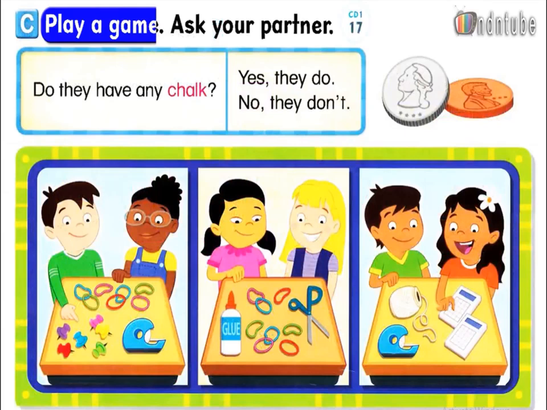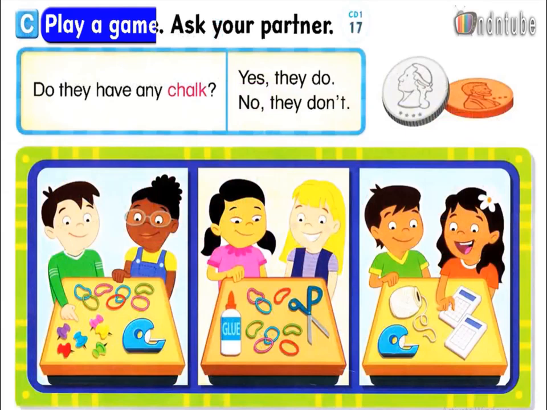C. Play a game. Ask your partner. Do they have any chalk? Yes, they do. No, they don't. So the same with the previous slide, there are two answers.